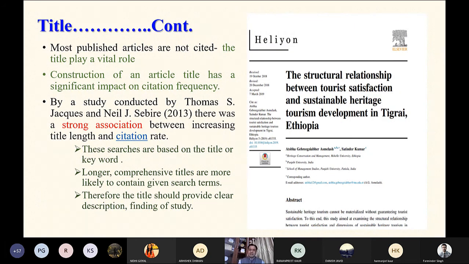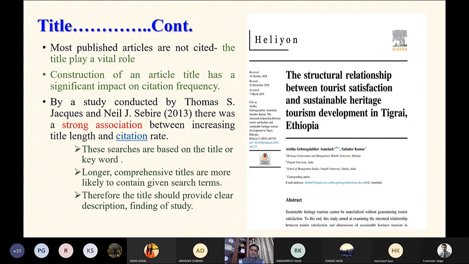So the example that has been given is one of the papers that has been published by us in Heliyon, a Scopus-indexed journal: the structural relationship between tourist satisfaction and sustainable heritage tourism development in Tigray. This is a study that has been done in Ethiopia.